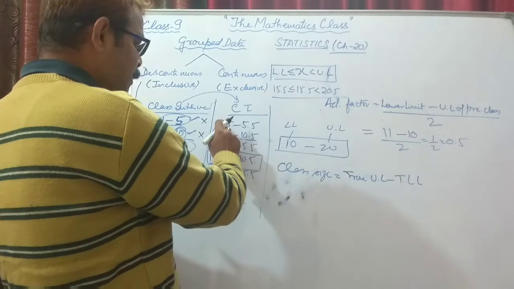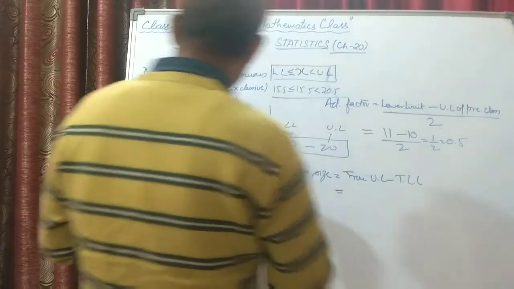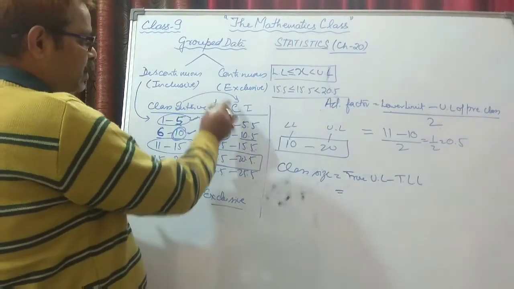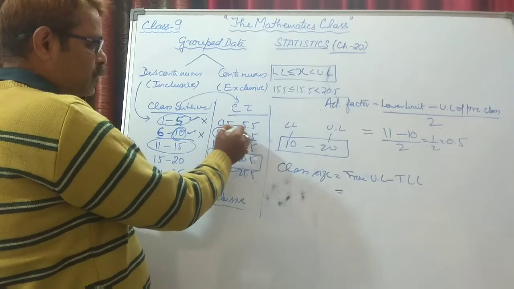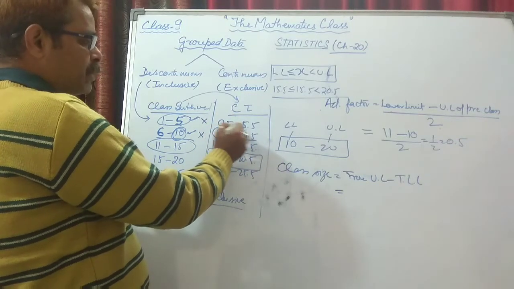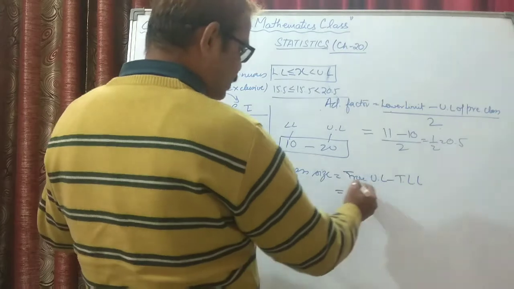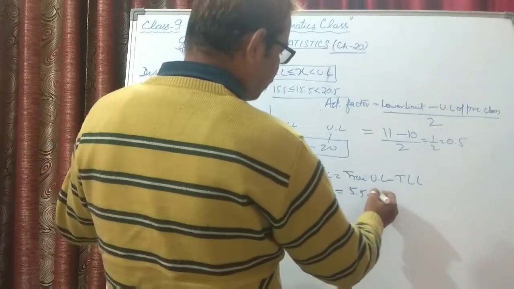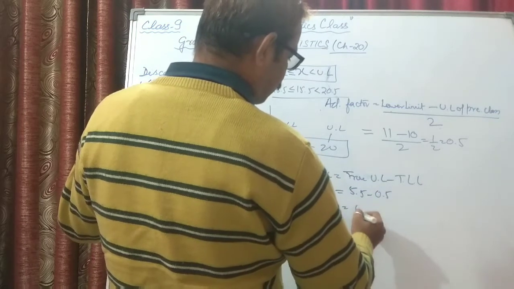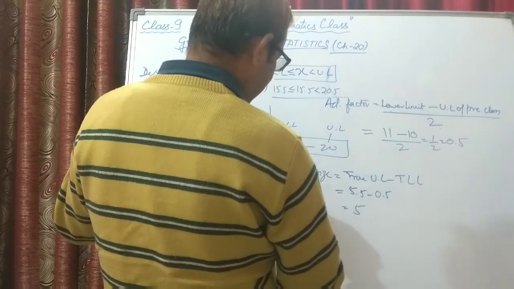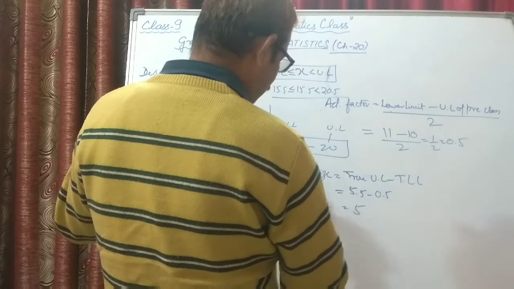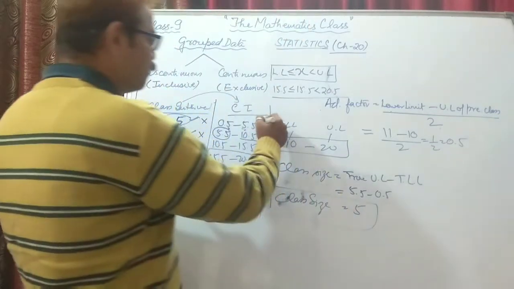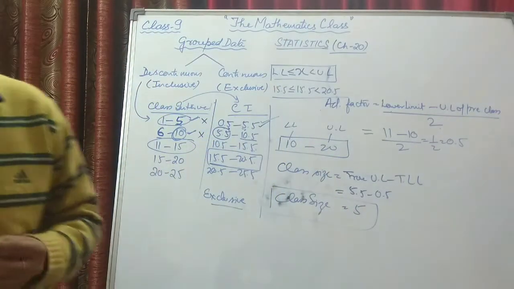First it was non-continuous, we converted it to continuous, then from continuous we got a true lower limit and true upper limit. Then what is the class size? In the first class it will be 5.5 minus 0.5, that comes out to be 5. 5 is the class size of the first class, like that.